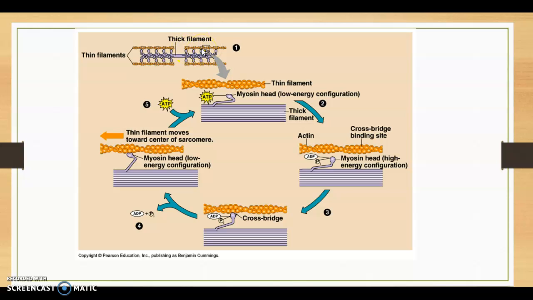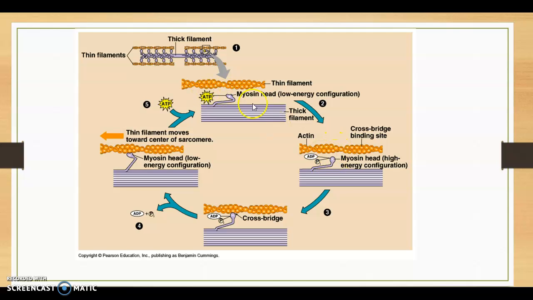Once attached, ATP binds, and it should be bound to the myosin head. Okay, so let's look down here. Here's our myosin head. It's in a low energy configuration, as it's lowered currently. We look here, next step.